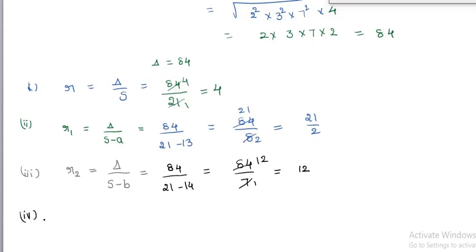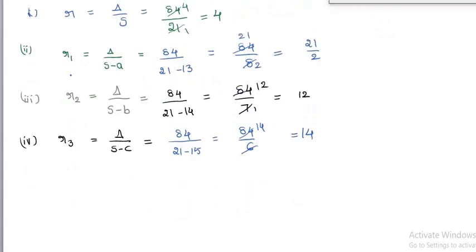Fourth, R3 is delta by s minus c. So delta value 84, 21 minus 15, 84 by 6, that is the value 14. 6 ones are 6, 6 fourteens are 84.